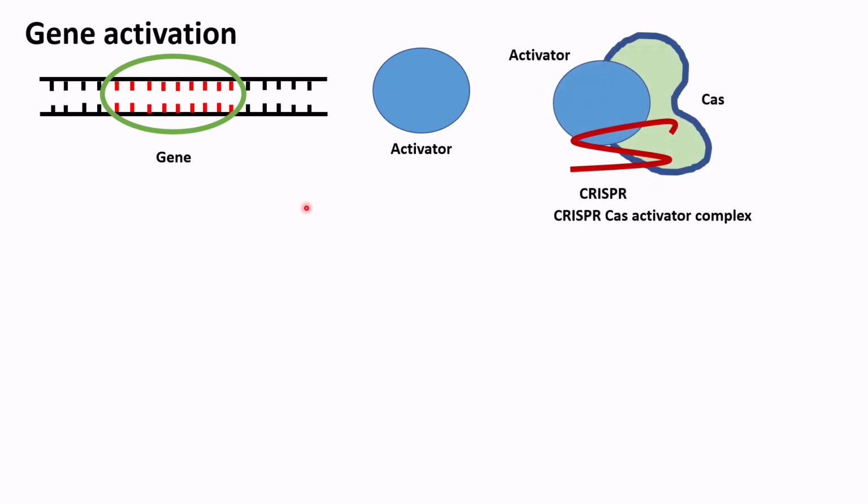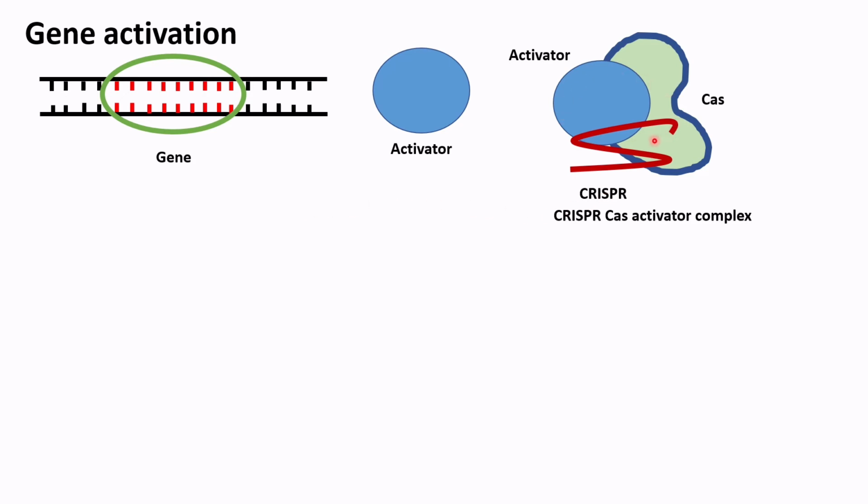Gene activation. Suppose you need to activate this gene. So what will you do? You need to add transcription activator along with CRISPR-Cas. Transcriptional activator will be linked to Cas.